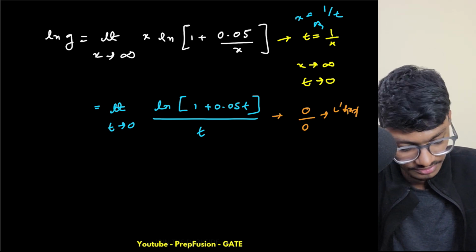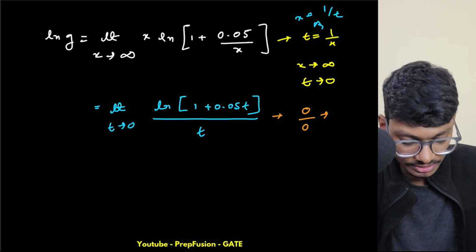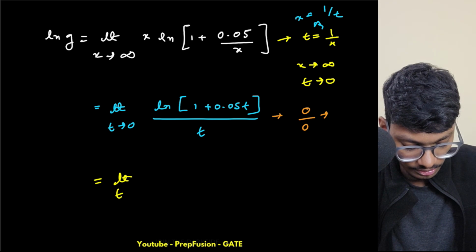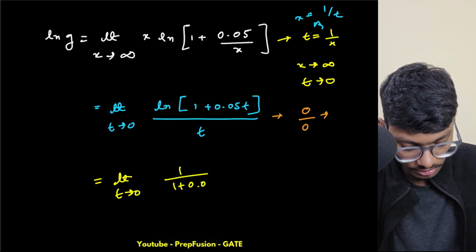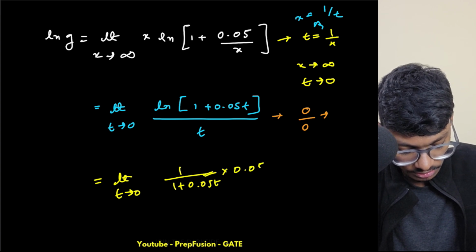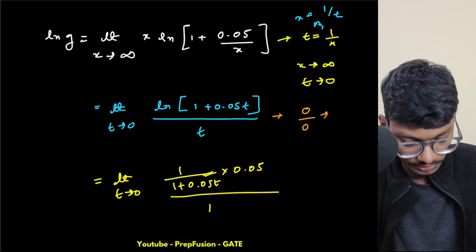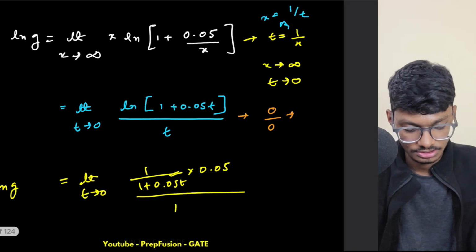I'm not writing it out because this will take space. L'Hospital rule: differentiating the numerator and denominator. This is 1 by (1 plus 0.05 t), into, chain rule in action, 0.05 divided by 1. This is equal to my ln of g. Remember, this is my ln of g, not g. G is my answer.